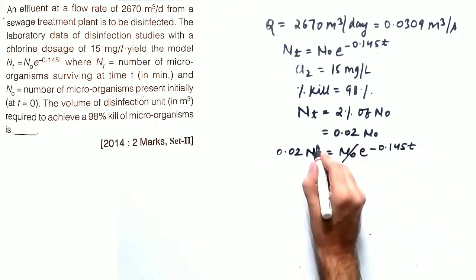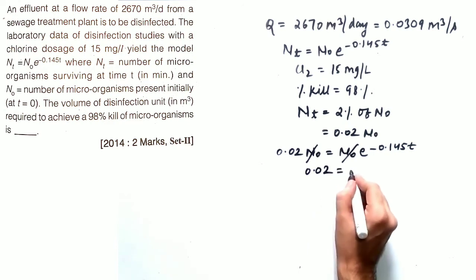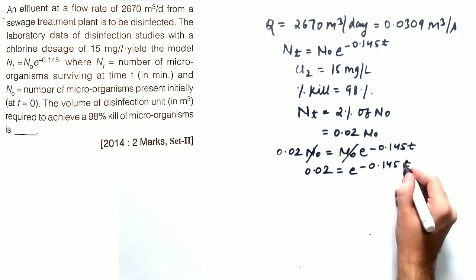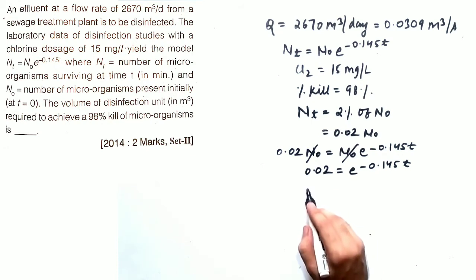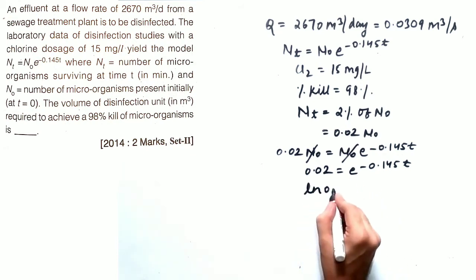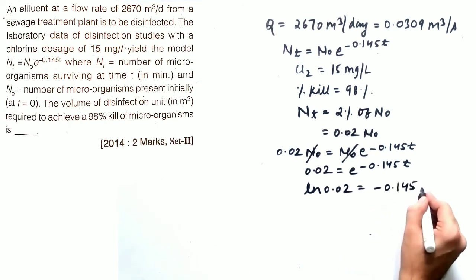So this N_0 and N_0 will get cancelled. Now you are left with 0.02 equals e to the power minus 0.145 t. Now you can see that it is in the base of e exponential, so you can take the natural log on both sides. So e will get cancelled out, and this will be ln 0.02 equals minus 0.145 t.